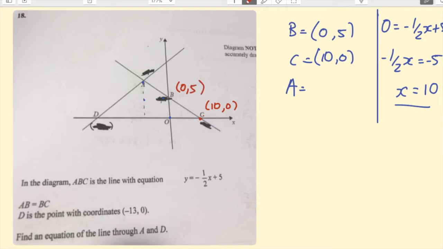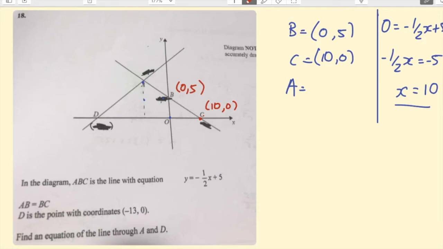So let's start at C and travel to B. How far left will I have to go to get to B? How many units left? If I start at C and go to the origin O, I need to go 10 units left.